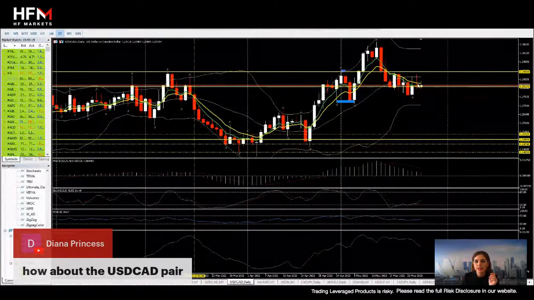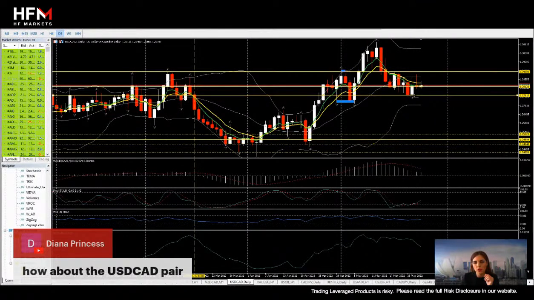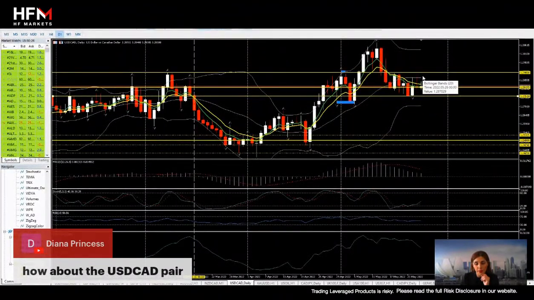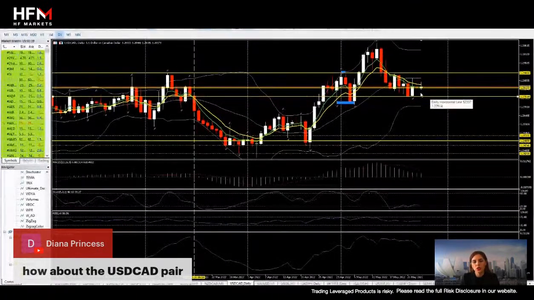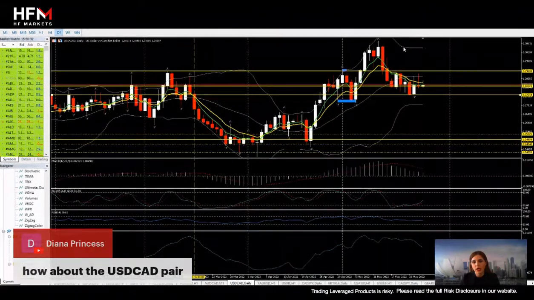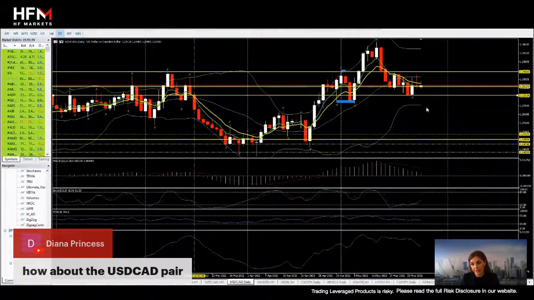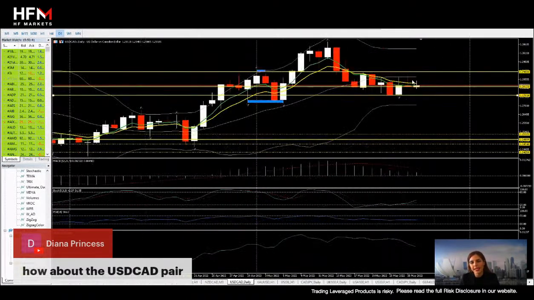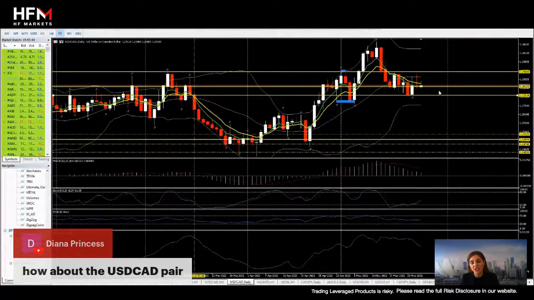Key support and resistance areas are the latest bottom, 127.60, and the 129 round number. But as you can see, the Bollingers have flattened. Let me just zoom out a bit, indicating that it's entering some kind of ranging market, consolidation.